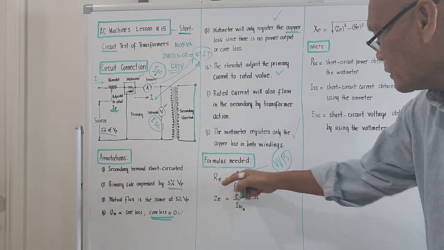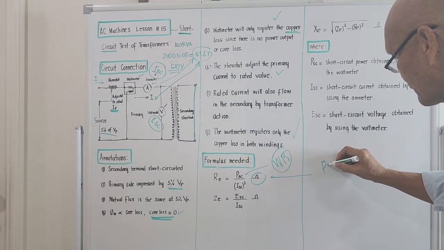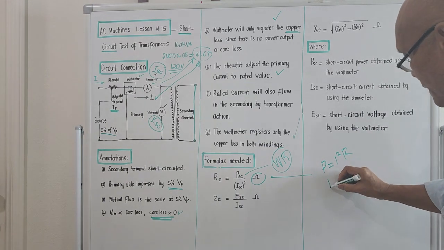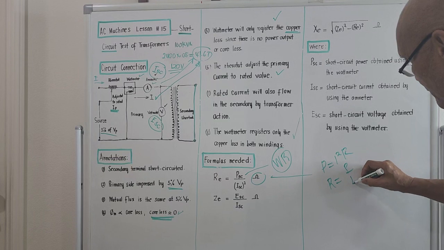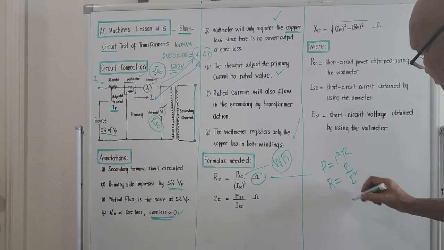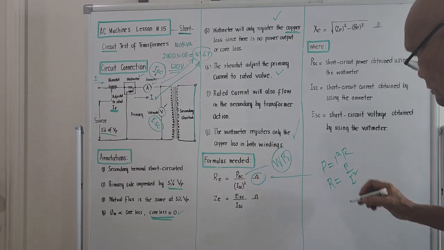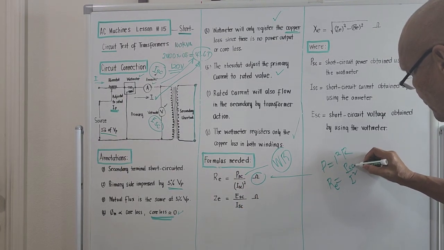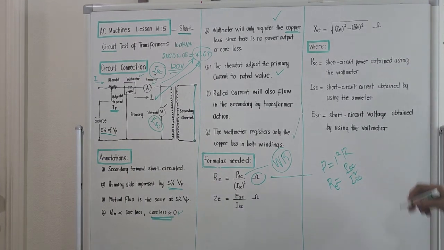How come this equation came out? It's like this. If we are talking resistance, power is equal to I square R, right? So if we try to compute for R, it should be power over I square. So under the short circuit test, I will now place the proper subscript. This is with the subscript E, this is with the subscript short circuit, and this with the subscript short circuit.